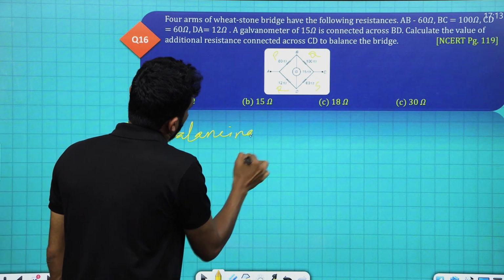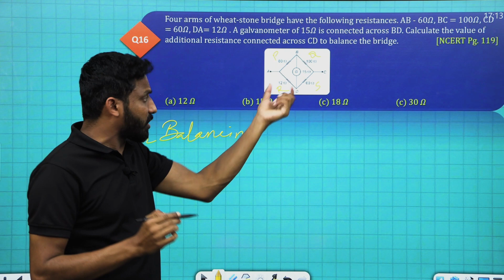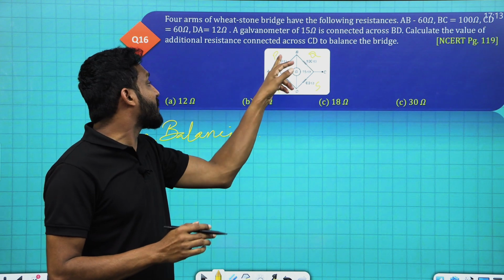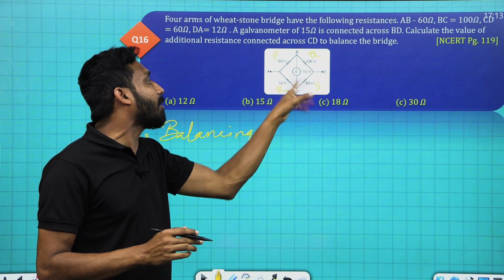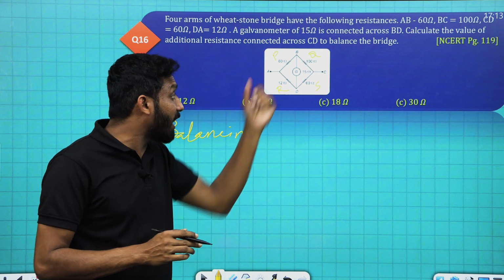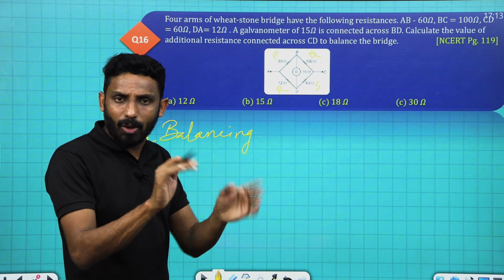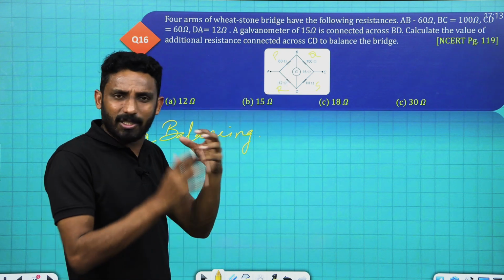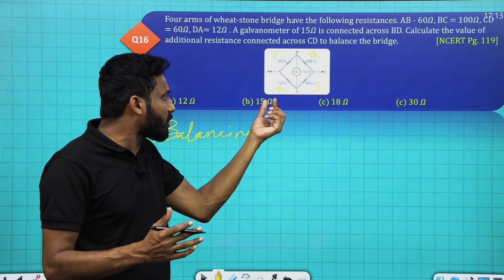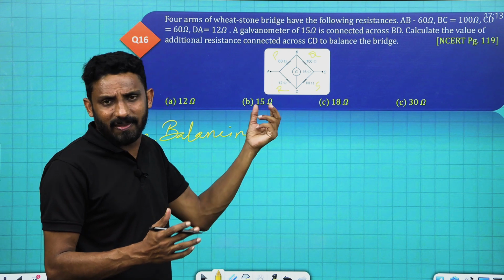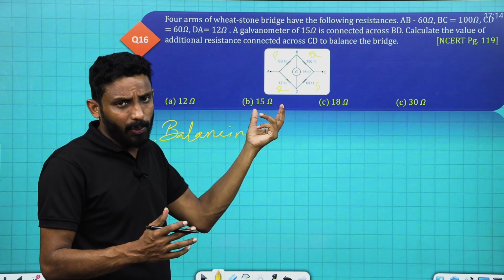See, in this network given in the question, this is not balanced because 60 by 12 is not equal to 100 by 60. 60 by 12 is 5, and 100 by 60 is not equal to 5. So this network is not balanced, so we have to do something.